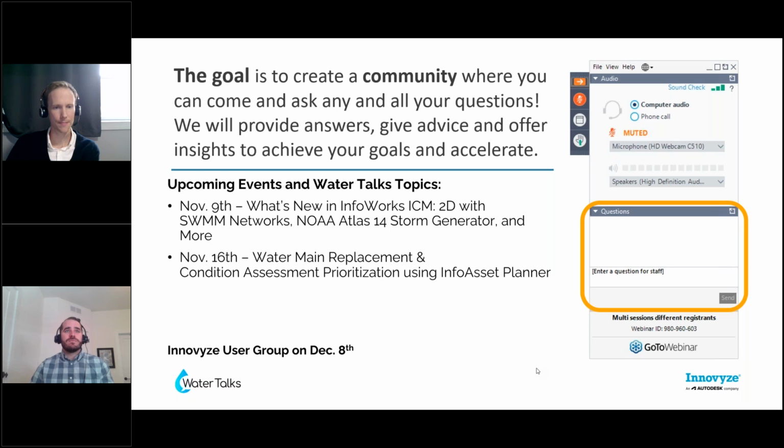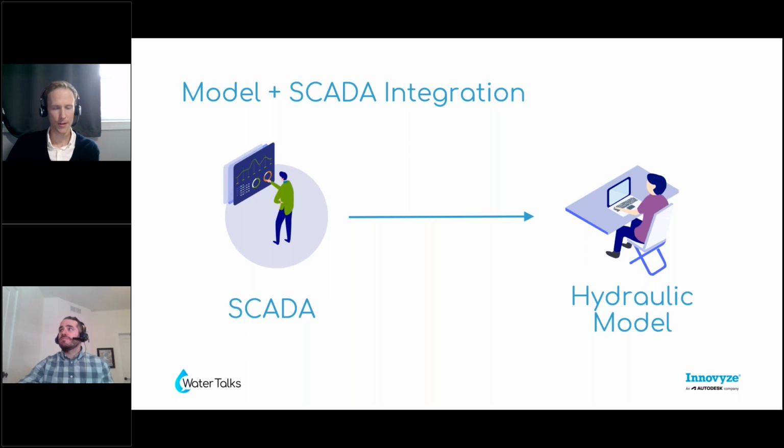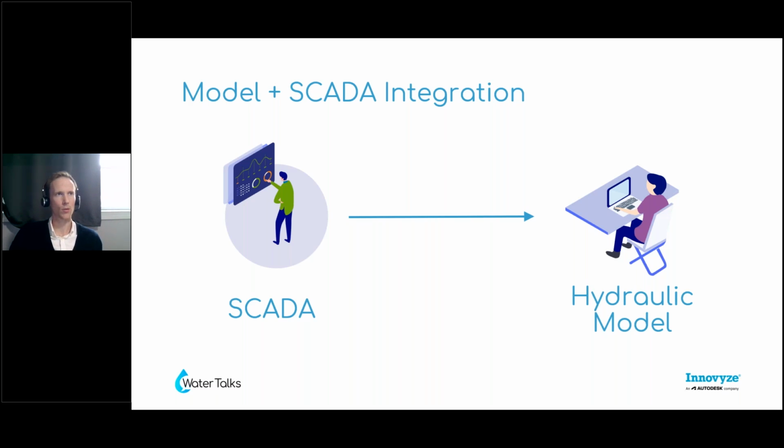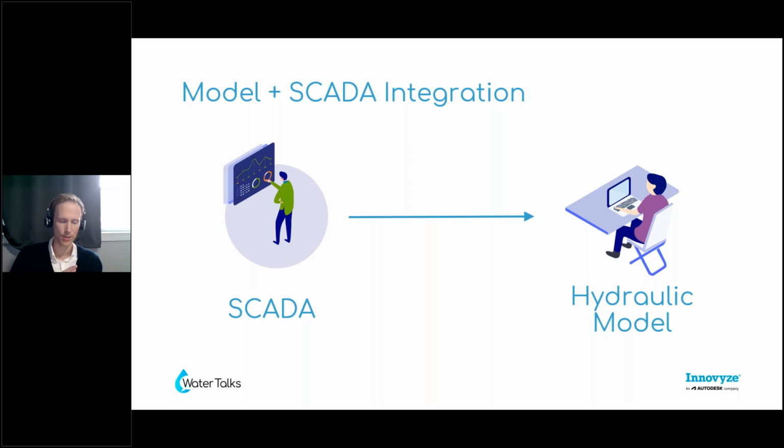All right, thanks, Hunter. So today we are talking about modeling, and the focus is modeling in InfoWater Pro, and namely where things are headed in terms of going from traditional modeling to enterprise modeling, where you're keeping your model updated.